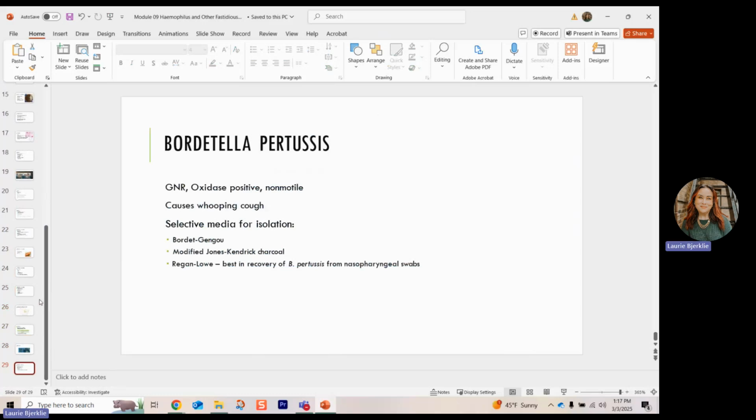So typically it's a nasopharyngeal swab that we want to culture. If they are too young to get a nasopharyngeal swab, there are ways to get other respiratory samples from them. And then we could use regular media as well, but you can also use selective media if you have it. So Bordet-Gengou, Jones-Kendrick, or Regan-Lowe have all been good to isolate and screen for Bordetella pertussis. So do remember those agar plates for Bordetella. Gram neg rod, in this case, oxidase positive.